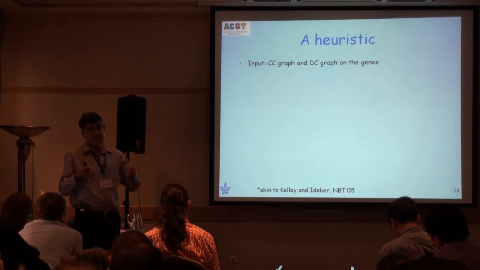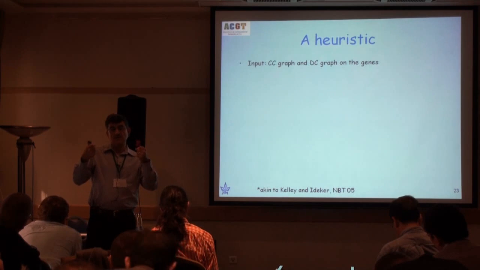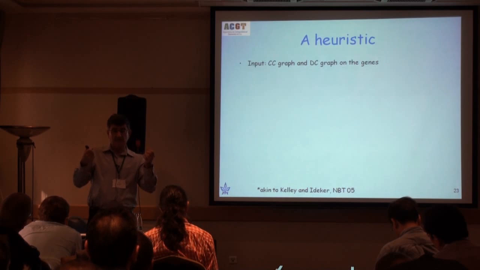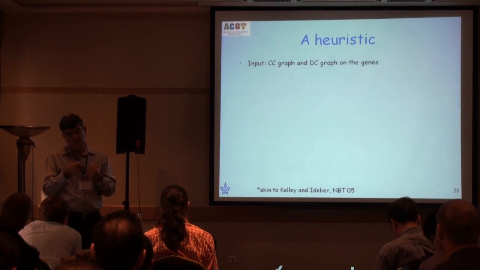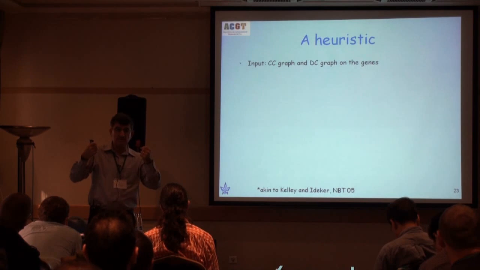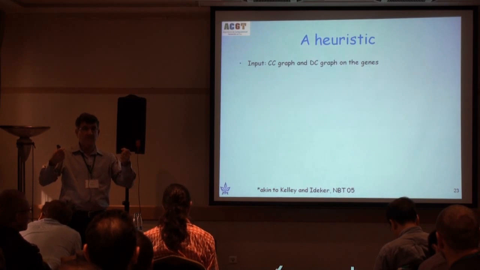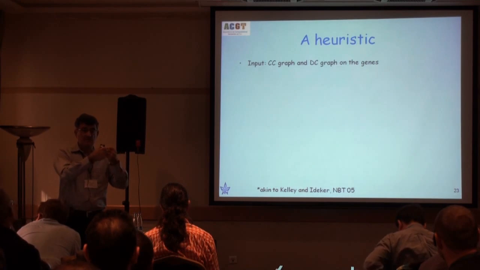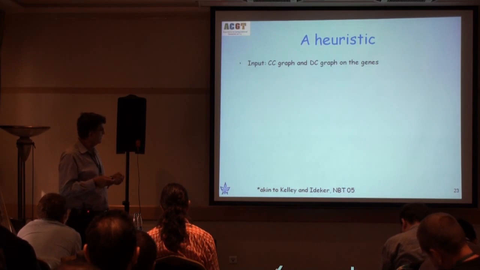In the genetic interaction scenario, one graph is of genetic interaction and the other graph is of protein-protein interaction. And you're looking for a set of objects that are separately rich in one type of interaction, and between them they are rich in the other type of interaction.